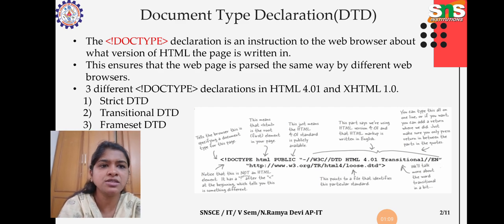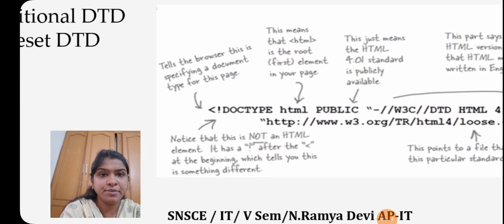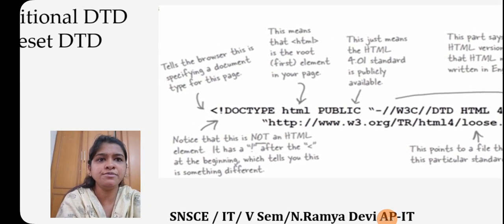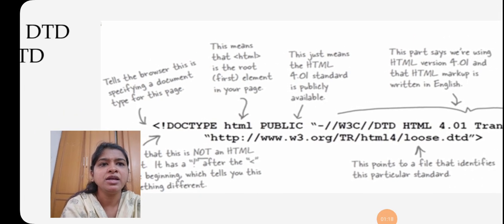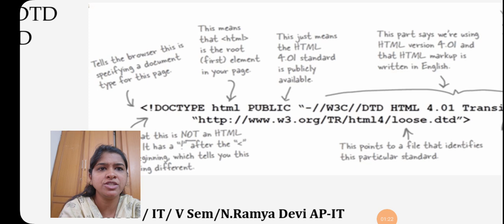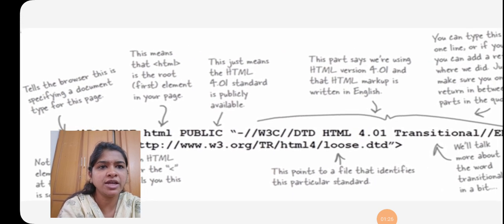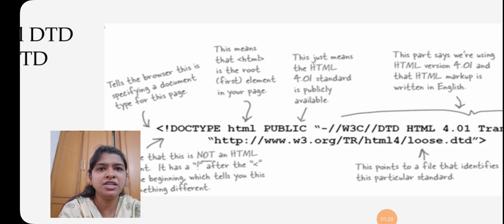So this is the syntax behind your doctype. The doctype HTML public, W3C DTD HTML 4.0 transitional, EN, http w3.org tr html4 and the DTD file name.